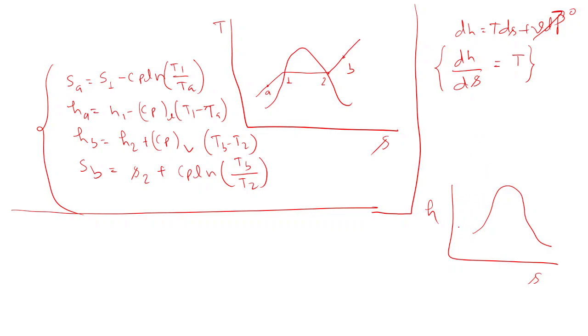If we try to make this line, what would be the slope dH by dS? In the subcooled liquid region, the temperature keeps on increasing when you are heating, right? But is it correct or not? Can anyone tell? Wrong. The next example you can draw this way.